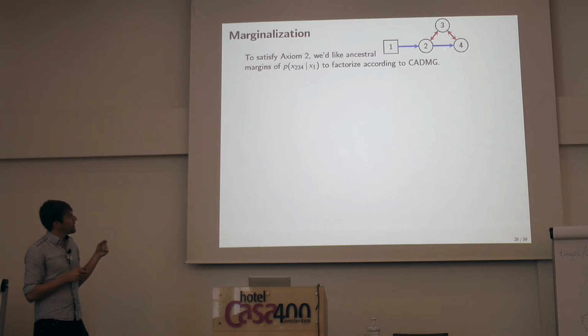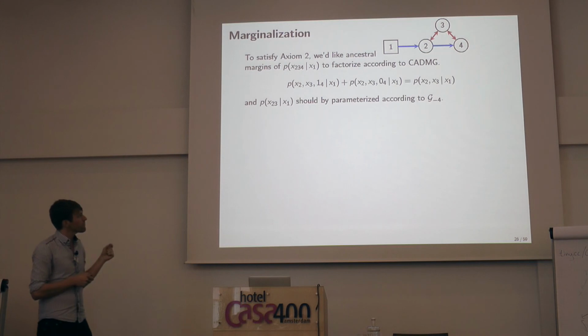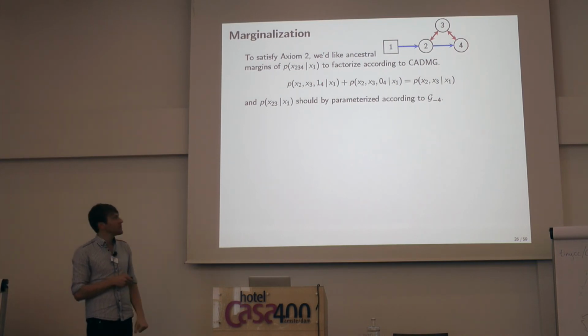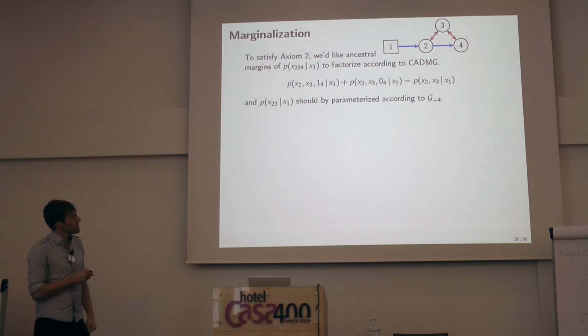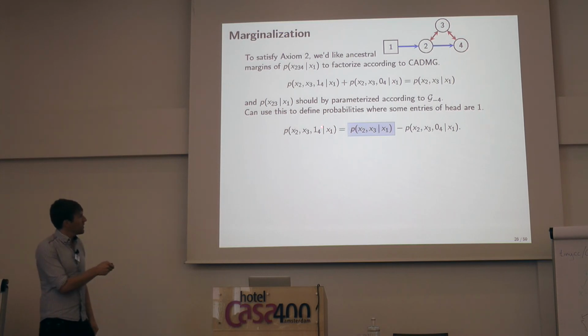We need that if we remove 4, what we have satisfies the Markov property for the graph on 1, 2, and 3. So, what do I mean? Well, if I sum over 4, so I take the piece for when 4 is 1 and the piece when 4 is 0, I get this, and this I know how to deal with by the induction hypothesis. So I'm just going to define the piece with the 1 here to be equal to the thing I know minus the thing with the 0 here.